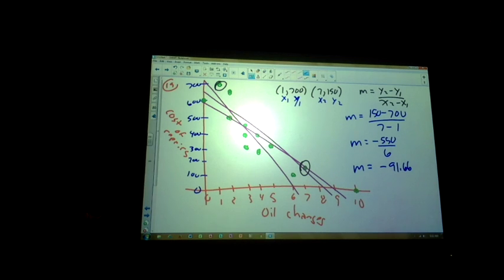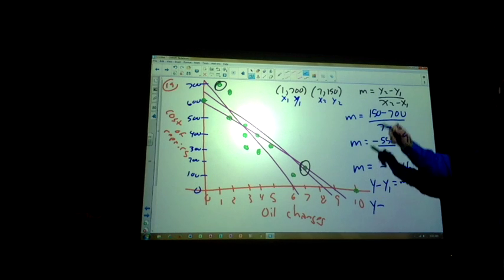Okay? This is easy to relate to what the slope is. I saved $91.66 for every oil change I get on my car. What does the Y-intercept mean in the context of this problem? Well, let's figure out what our equation is. Y minus Y1 equals M times X minus X1.